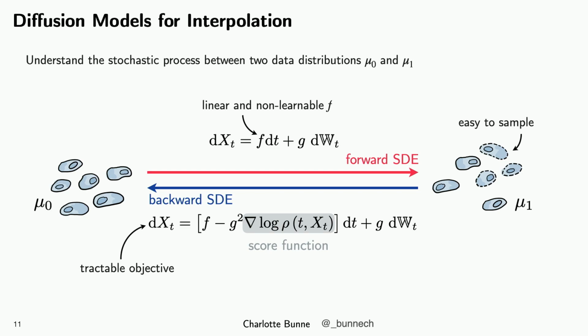So I'm looking at an interpolation or a stochastic process that describes the interpolation between my mu0 and my mu1, my two cell distributions. And now this becomes a bit more challenging because I cannot just use a random function and add noise. It's not going to get me from one data distribution to the other. I can't really easily sample anymore. It's a distribution that is basically just based on the data I measured. And this is also not a tractable objective anymore.